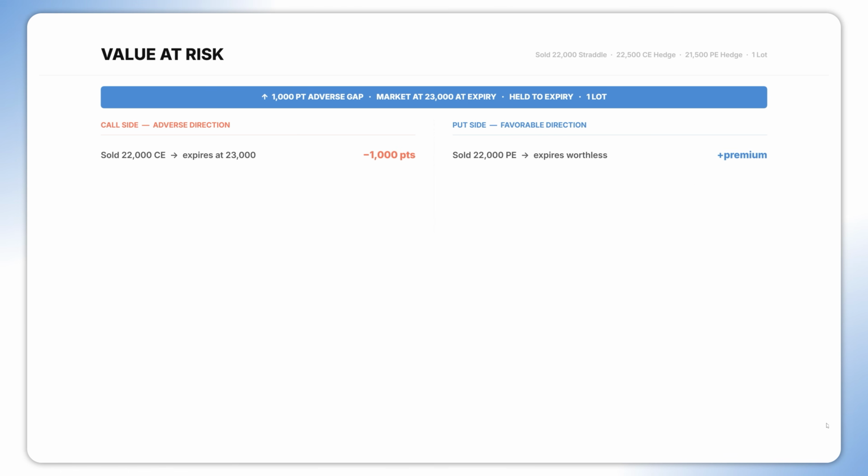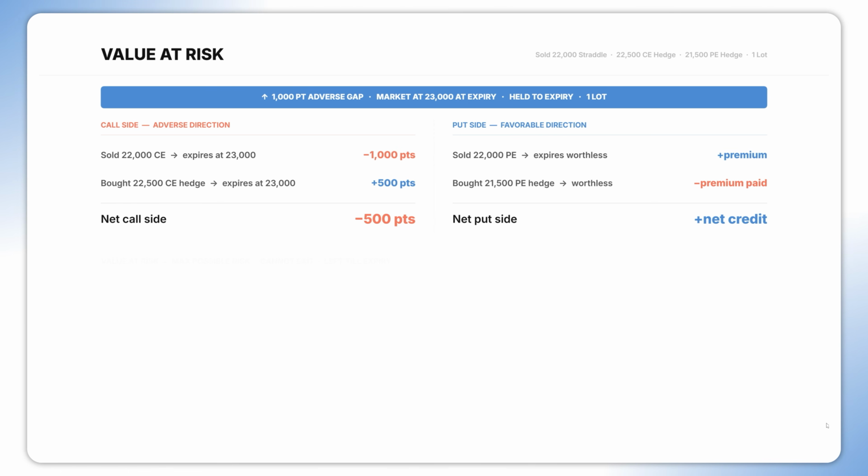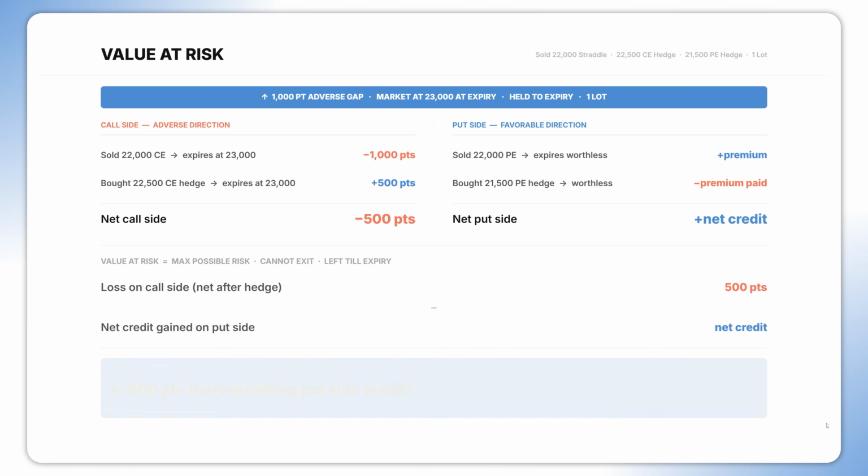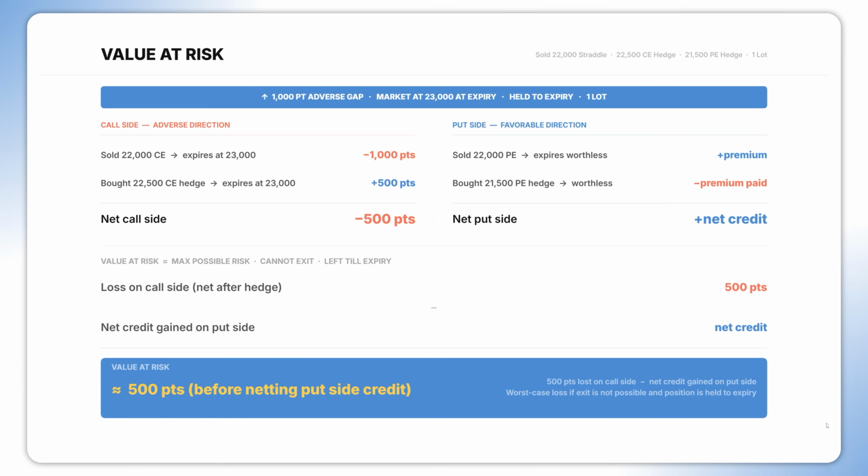Then you stand to lose 500 points on one side, and you tend to gain whatever premium, the net credit, you collected on the other side. So your value at risk would essentially be the 500 points you lost on one side less whatever you gained on the other side. So value at risk essentially is your maximum possible risk if you are not able to exit your position at all and leave it till expiry.